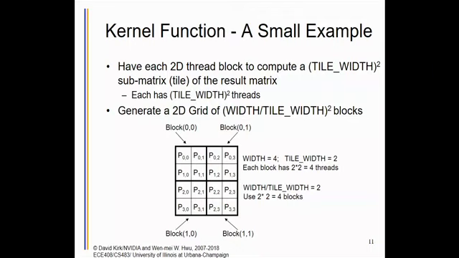So if you think about this, this is not fundamentally different from the color to grayscale image conversion, because in that kernel, we were also assigning one thread to each of the output pixels. And you can think about the output pixel as a two-dimensional array element anyway.